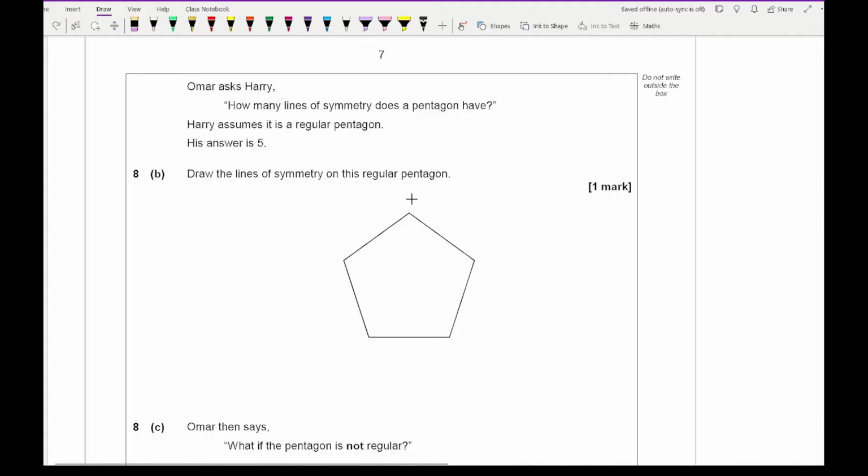So one of my lines of symmetry is going to be, I think I might have to go freehand because this is not behaving. So in terms of one of the lines of symmetry, let's just assume that these lines are straight and drawn with a ruler. Another one is going to be here. Another one is going to be here.